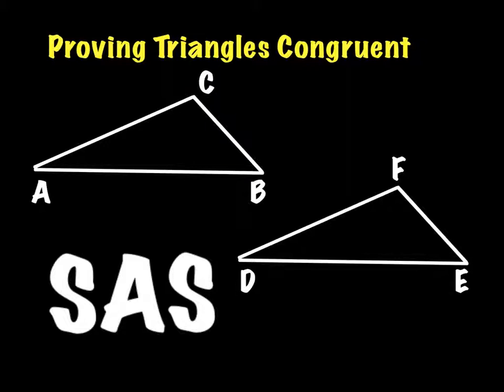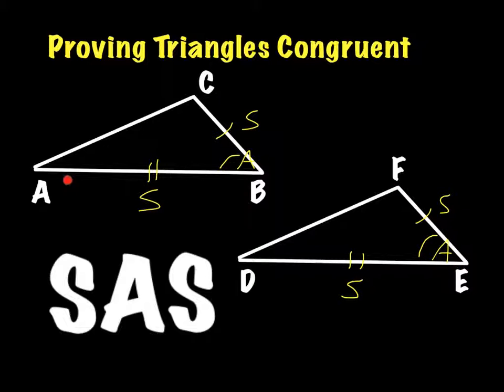Another way to prove that 2 triangles are congruent is to find 2 sides that match up, 2 other sides that match up, and the angle in between agreeing with both triangles. So in this particular triangle, I have a side, an angle, and a side that are exactly equal to a side and an angle and another side.